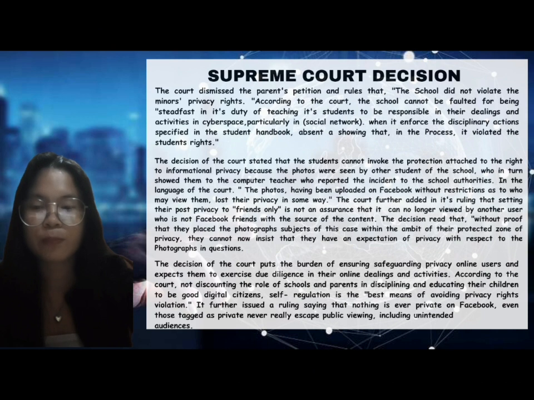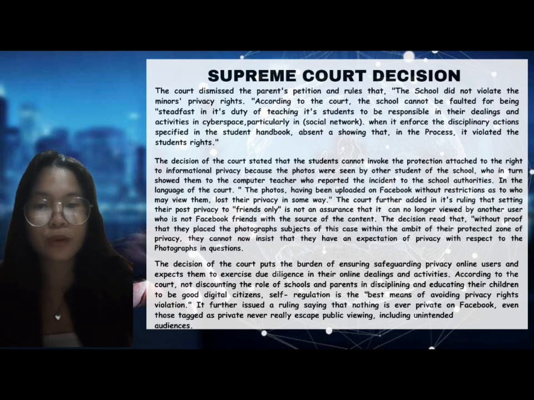According to the court, the school cannot be faulted for being steadfast in its duty of teaching its students to be responsible in their dealings and activities in cyberspace, particularly in social networks, when it enforced the disciplinary action specified in the student's handbook, absent a showing that in the process it violated the students' rights.